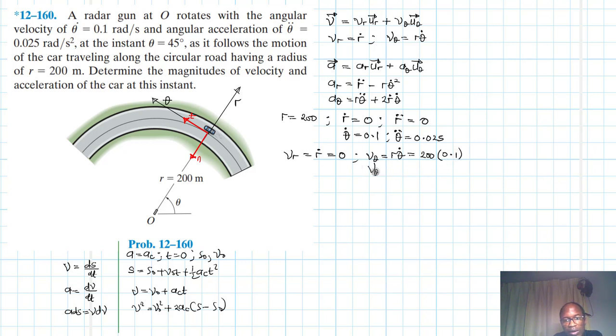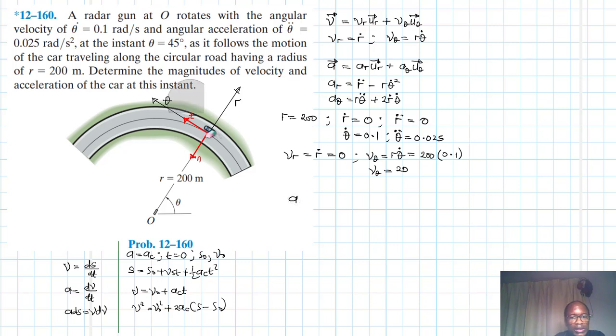Therefore v_theta is equal to 20. That's 200 by 0.1. All right, so we're done with the first step, and then let's go to a_r.